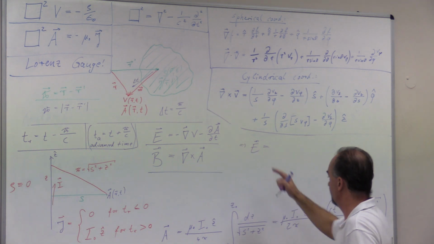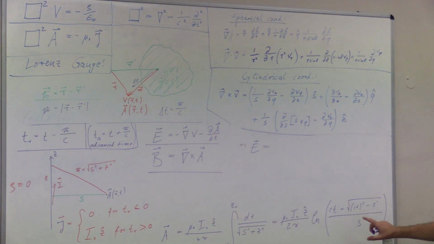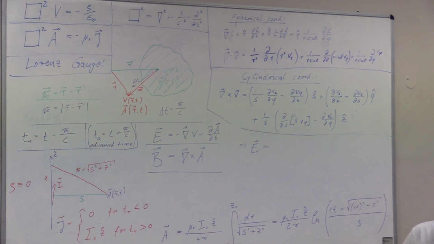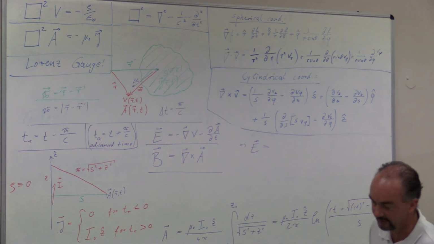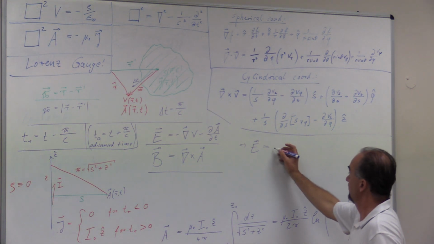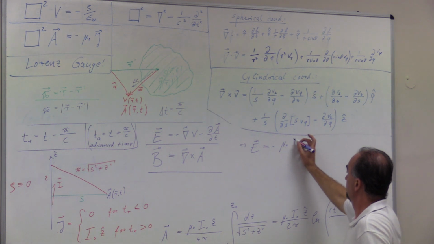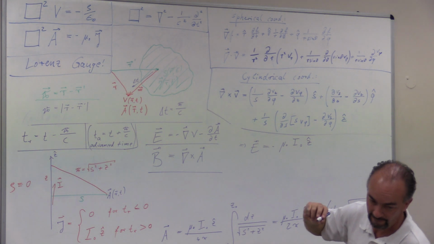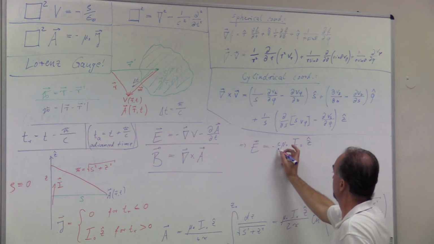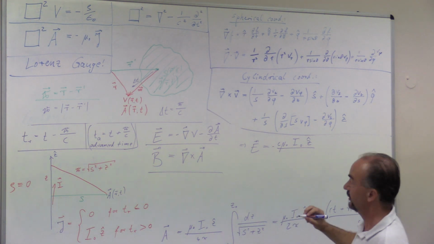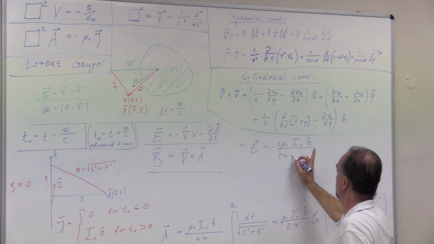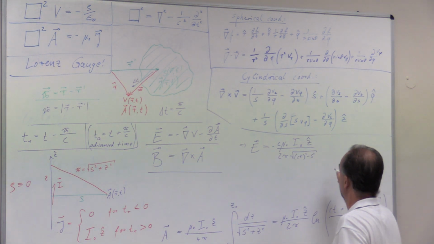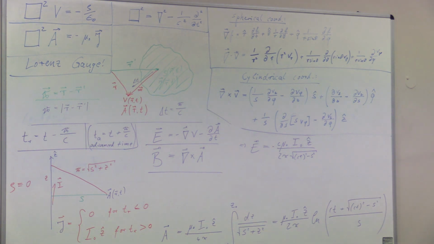So we just take the time derivative of this, and well, the time derivative gives you the ln, so 1 over that, then the inner derivative, you don't need to carry that through in detail, gives you, it's a minus sign here, minus mu naught I naught z times c over 2 pi, square root of ct squared minus s squared.